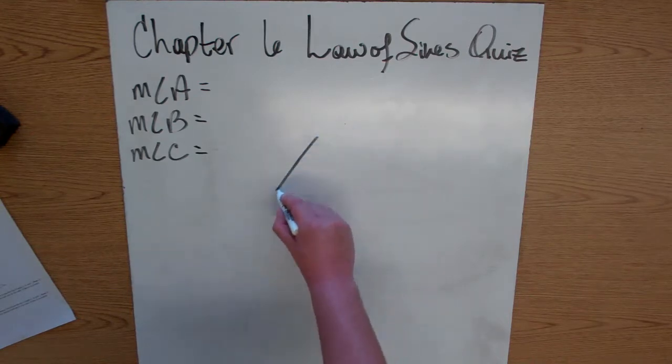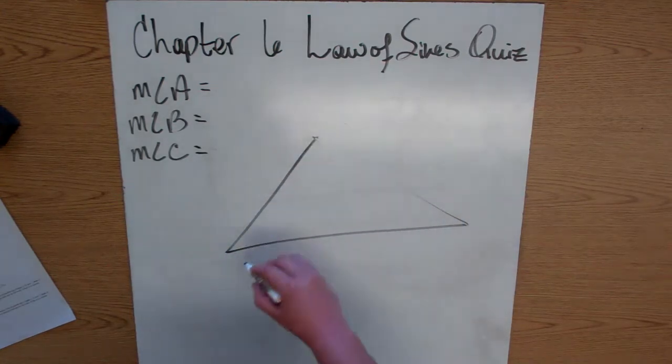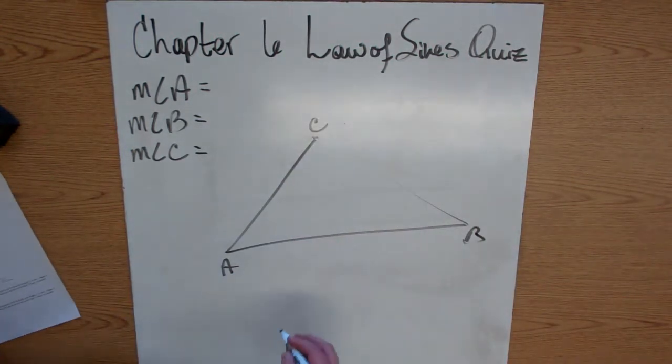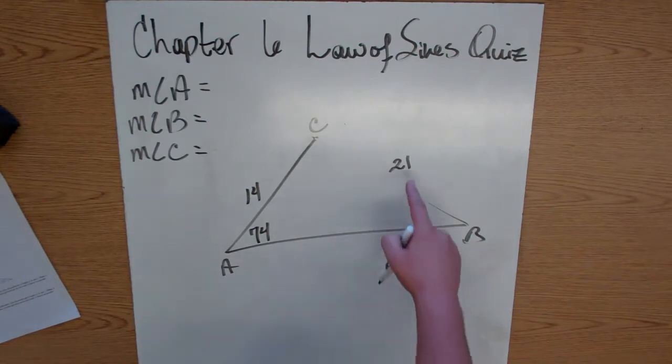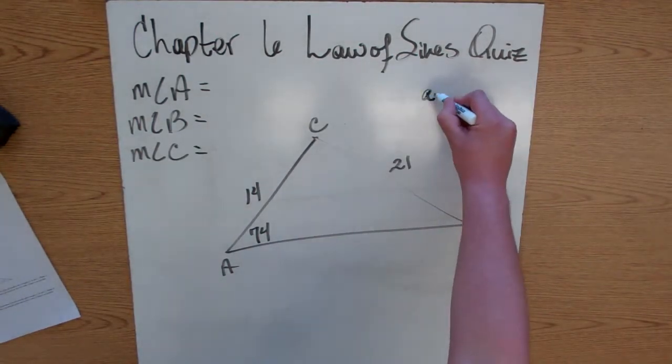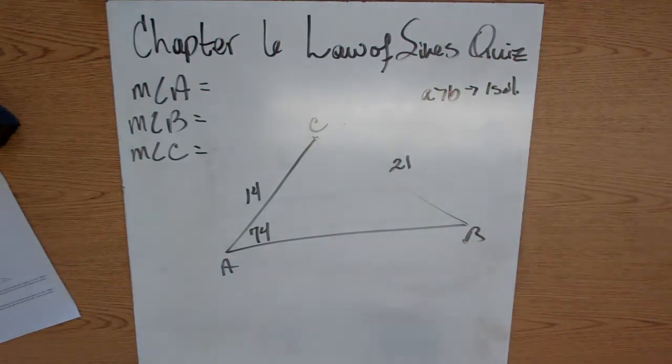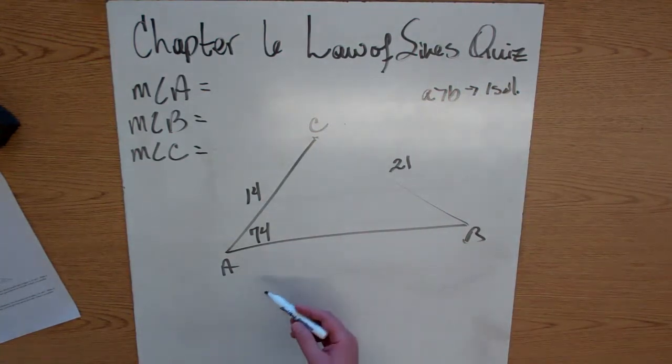So go ahead and set up your triangle, A, B, C. Our given information: little a is 21, little b is 14, and angle A is 74. Since a is greater than b, we know that's only one solution. So now we have to find the other angles.